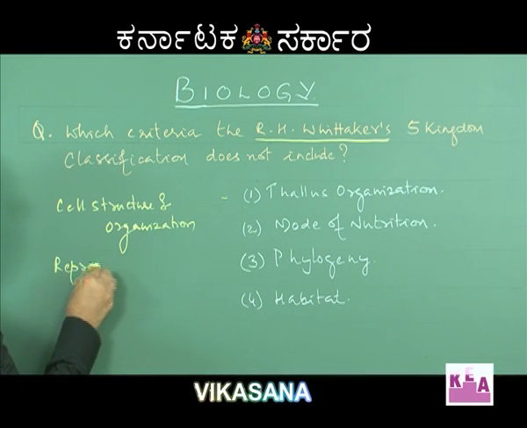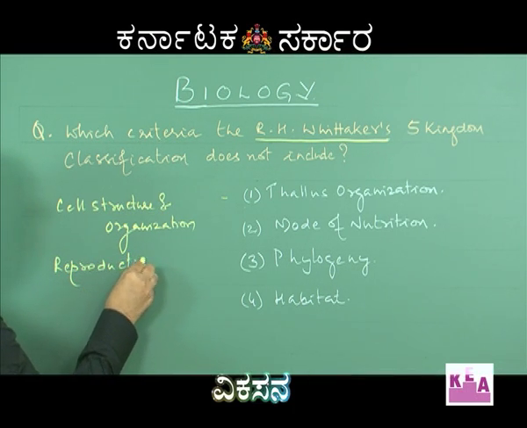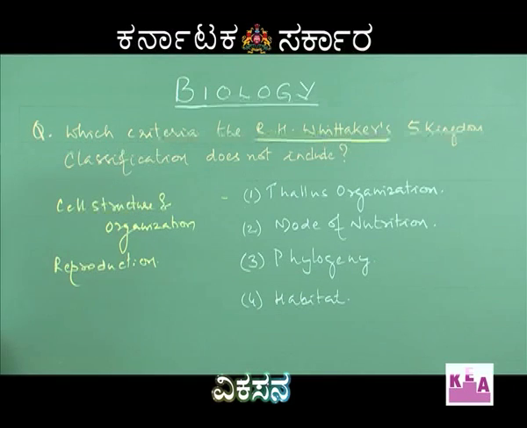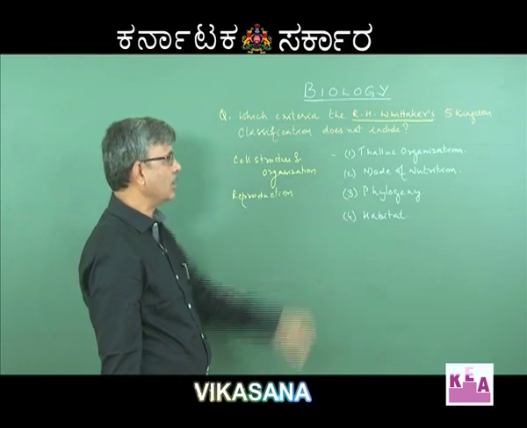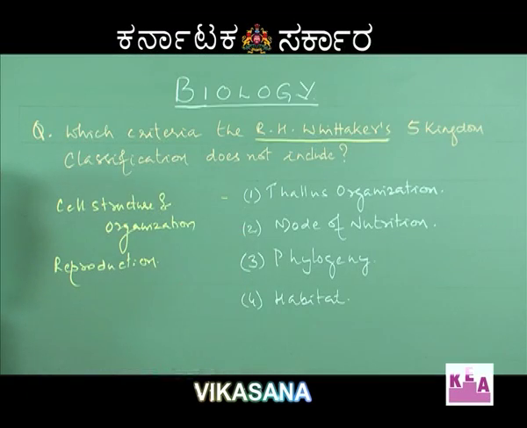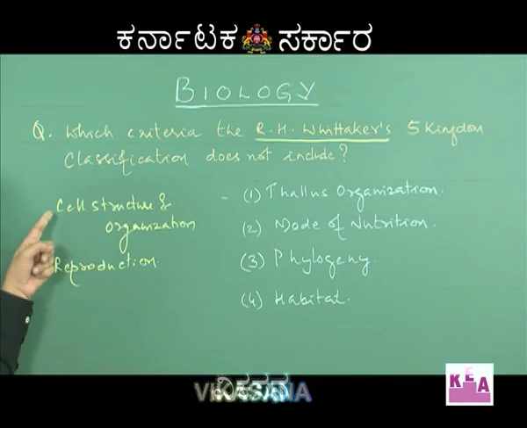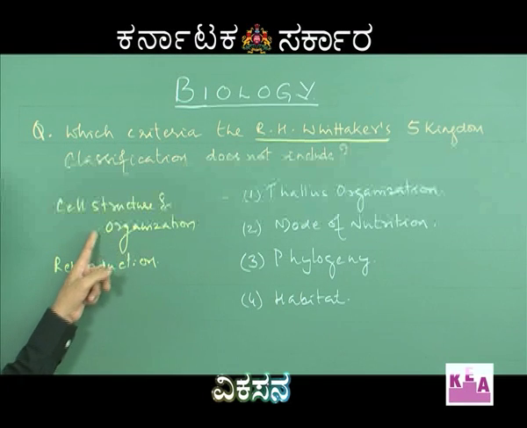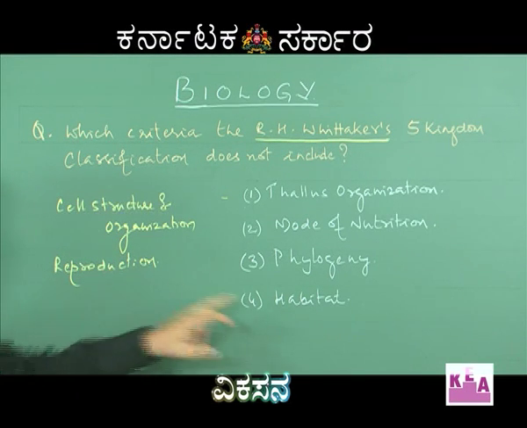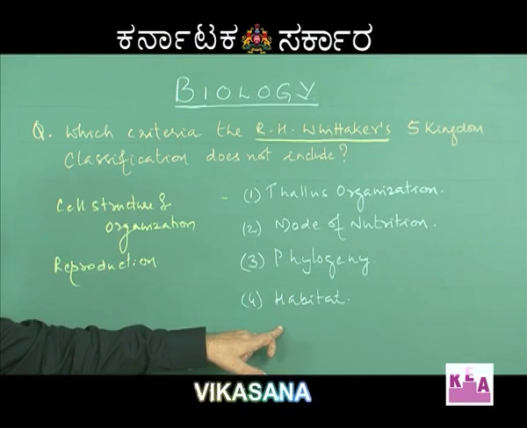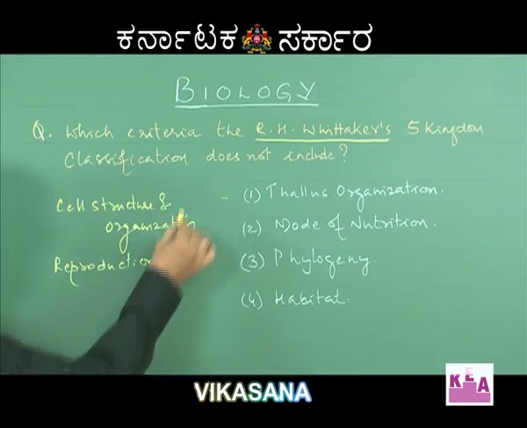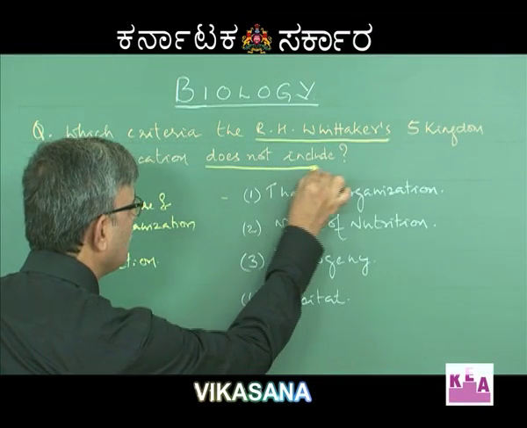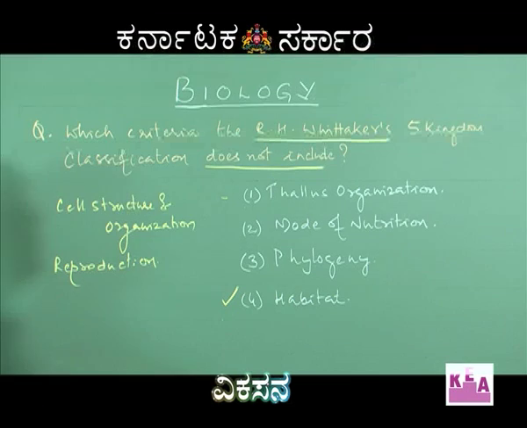Please remember, these are the 5 criteria used by R.H. Whittaker for his 5 kingdom system classification, that is thallus organization, mode of nutrition, phylogeny, cell structure and organization, and reproduction. So, habitat was not used, and thereby here does not include. So, the right option is habitat.